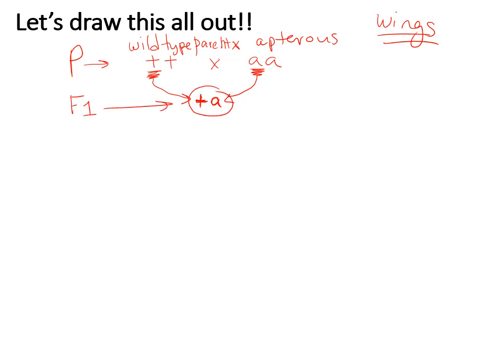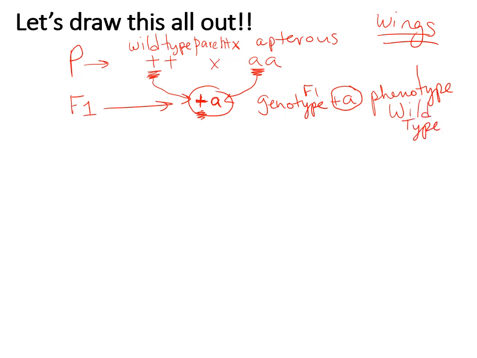All of the F1 have the genotype of plus A. So that's the genotype of the F1, plus A. And the phenotype, what's the phenotype for all of those? Well, as soon as you see that wild type allele, wild type is dominant. So they all have wild type long, normal looking wings.